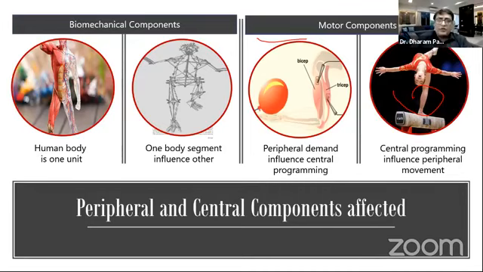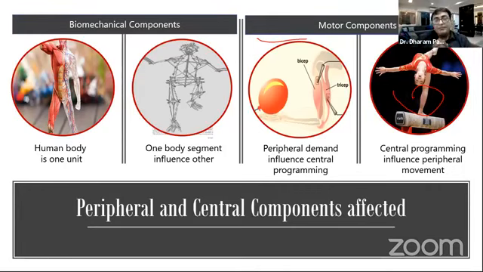So always remember these four principles while you are taking care of any neurological impairment, not only stroke: in the human body, one segment can affect other segments. Sometimes you do an intervention for the shoulder, but you may find some improvement in the hand also.